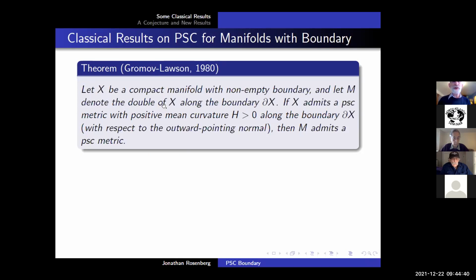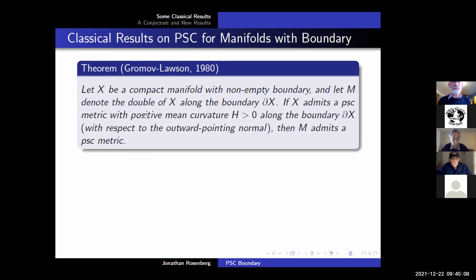That means you take two copies of X and glue them together along the boundary. If X admits a metric of positive scalar curvature that has positive mean curvature on the boundary with respect to the outward pointing normal, then this double admits a positive scalar curvature metric.